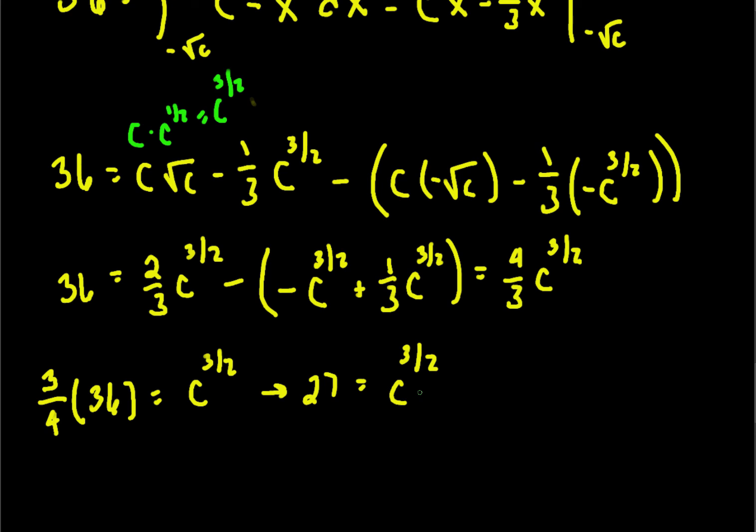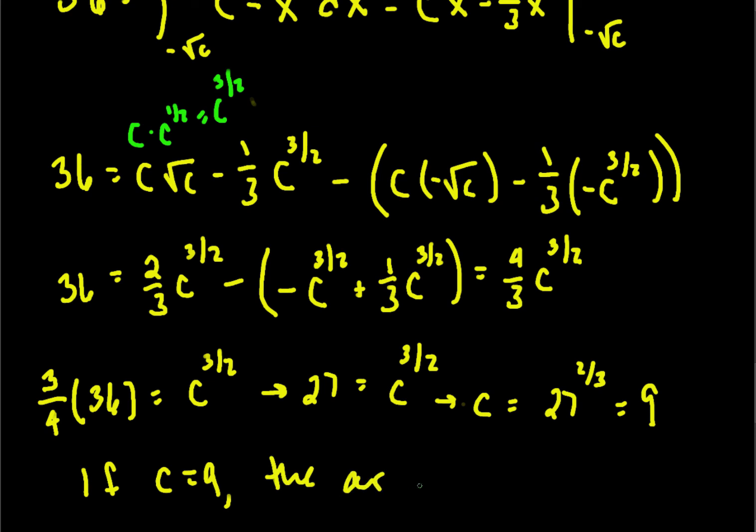And so c is going to be equal to 27 to the 2/3, which is, so cube root of 27 is 3, squared is 9. So that's our c. So if c is equal to 9, the area will be 36.